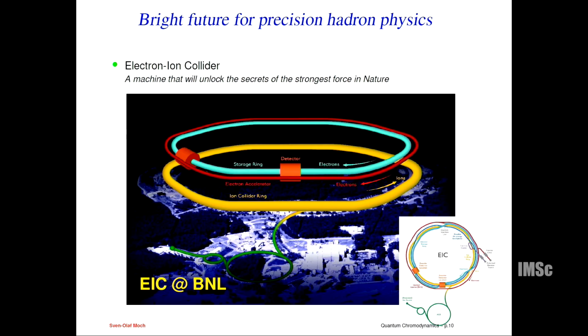This will be deep inelastic scattering in the perturbative regime, because electron-proton scattering will happen up to center of mass energies of 140 GeV. So there will be new experimental data coming from this collider in a few years.